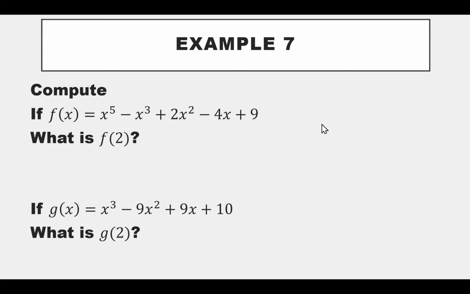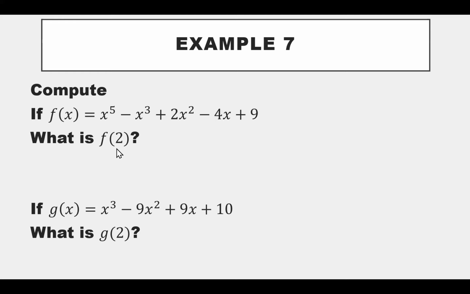Now, I want to point out an interesting connection. We had the polynomial x to the fifth minus x to the third plus 2x squared minus 4x plus 9, and we divided it by x minus 2. We also had the polynomial x to the third minus 9x squared plus 9x plus 10, and we divided that by x minus 2 as well.